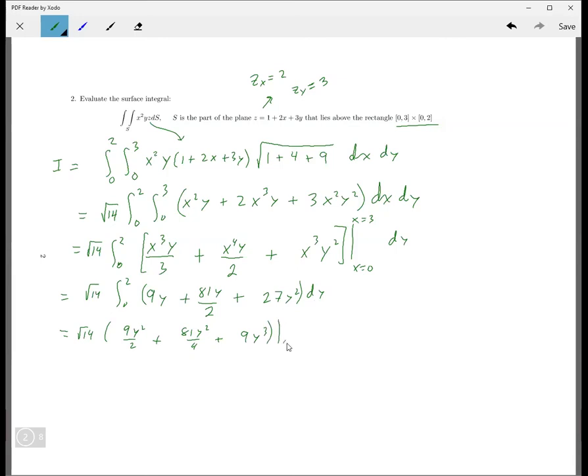And that goes from 0 to 2. Okay, so you put a 2 in. If you put a 2 in there, that's going to be 18. Put a 2 in there, then the 4s will cancel, so that's just still 81. And then the 2 in here gives you 72. So 18 plus 81 plus 72, these add up to 171. 171 root 14.